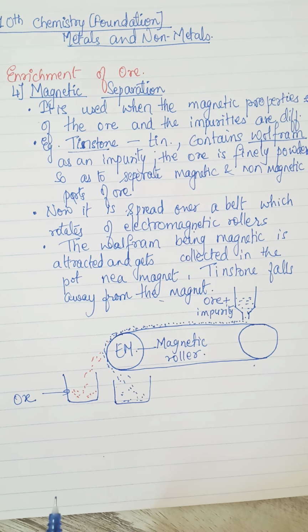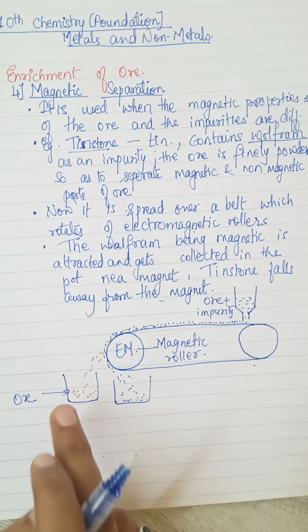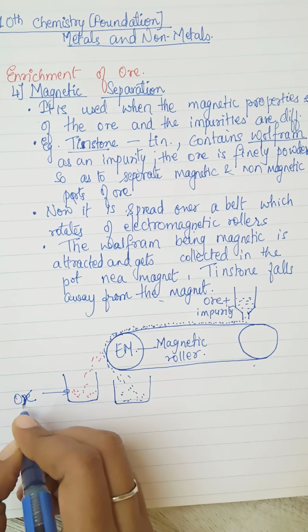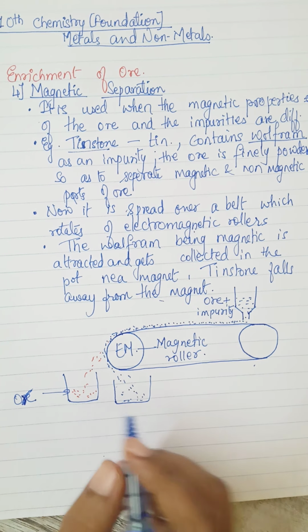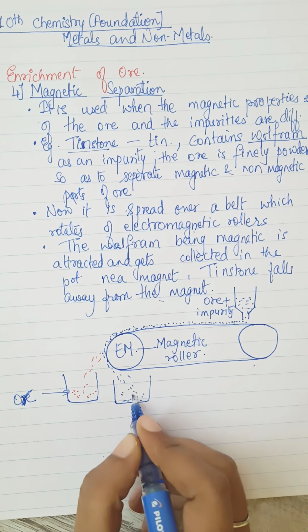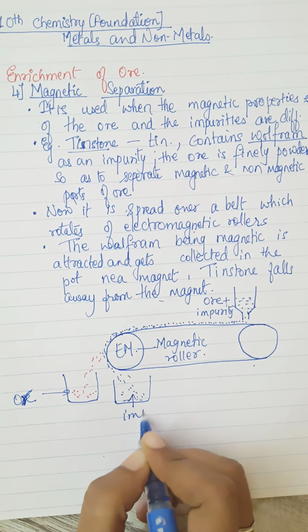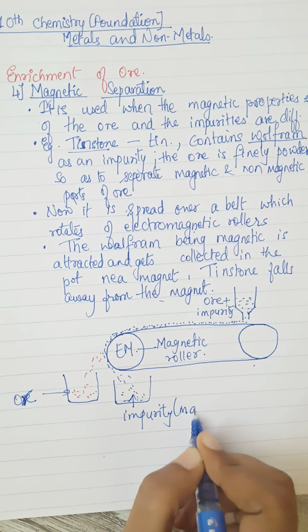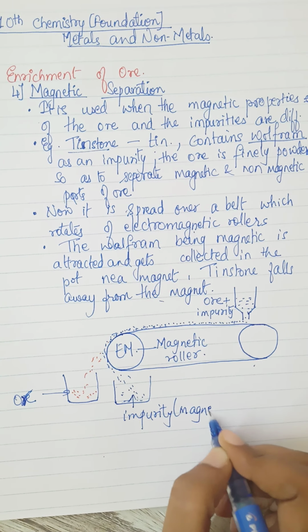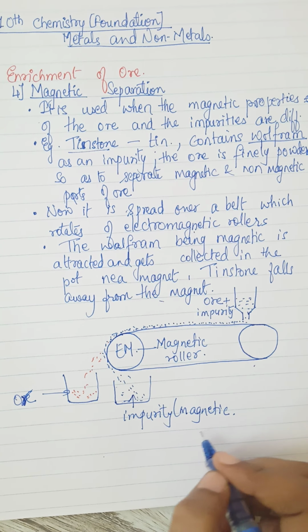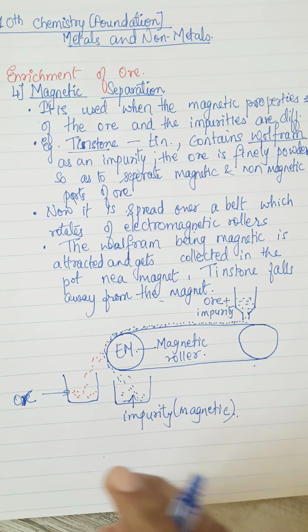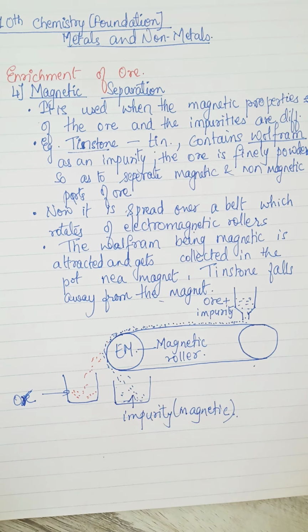In some books you will find this as impurity and this as ore, so it depends कि क्या magnetic property है उसके ऊपर. ठीक है, and this will be your impurity, but which kind of impurity? Magnetic. ठीक है, magnetic impurity. Clear? Okay, so this is what is actually the magnetic separation.